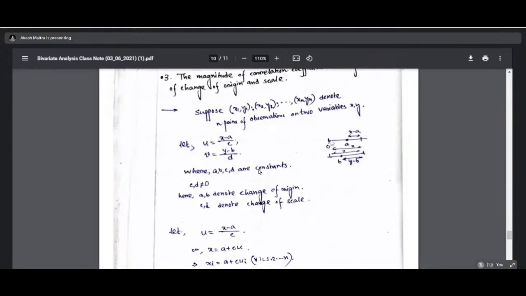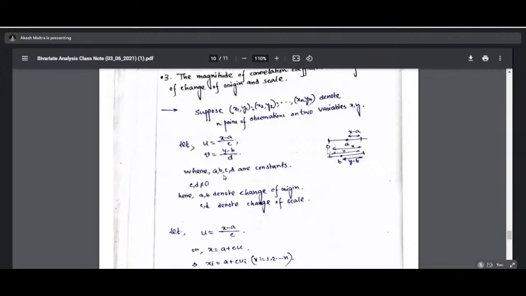Consider an example: 0, a, and x, where the total distance is x. Say I am going to Mumbai from Kolkata, so the 0 point is Kolkata, and distance x covers the Mumbai distance. I am going via Hyderabad, and say the Hyderabad point is my A point. Let us consider that Kolkata to Mumbai is 4,000 kilometers, and Kolkata to Hyderabad is 2,500 kilometers.